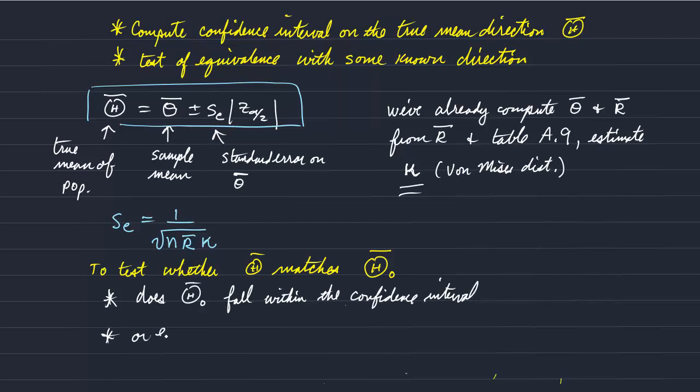Or equivalently, we can just calculate a z statistic, which is the difference between our sample mean and our test direction divided by the standard error.